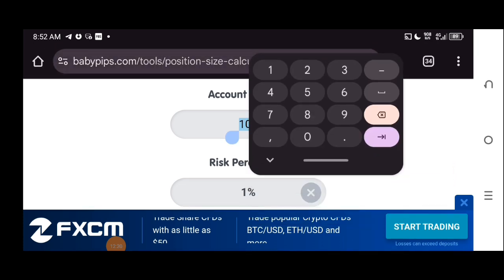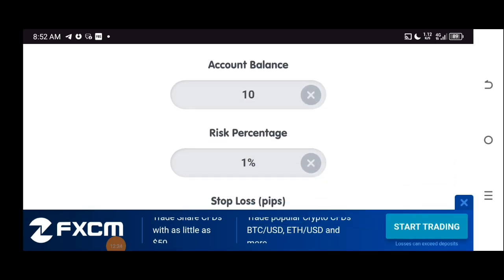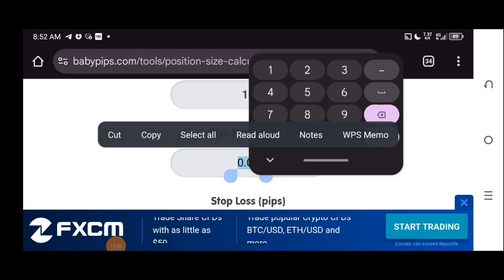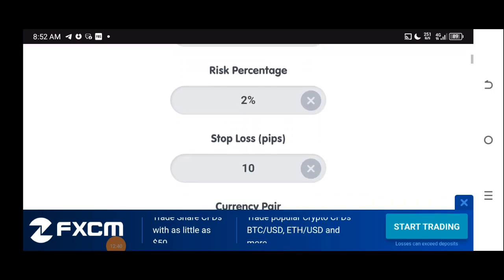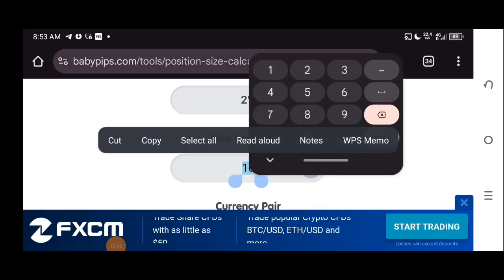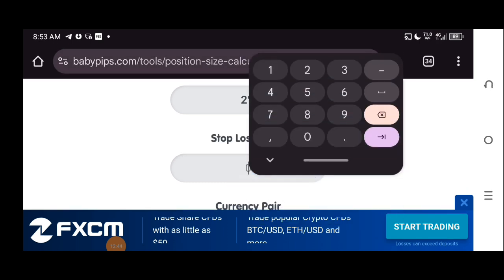The account balance now, let's take an instance of $10. And you are risking, let's say, 2% because it's small. And we are having a stop loss of, let's say, 20 pips.